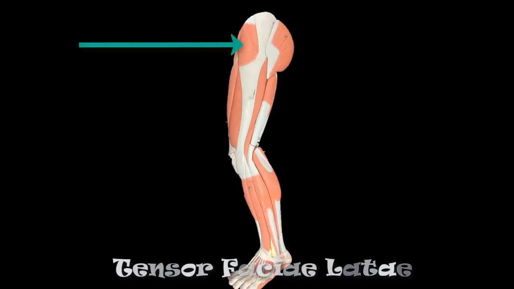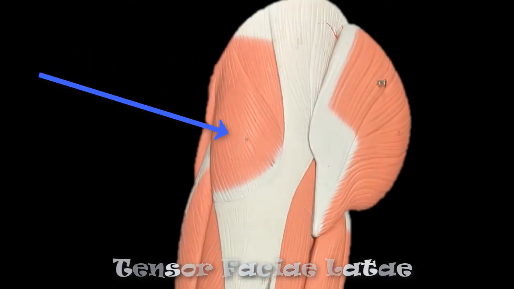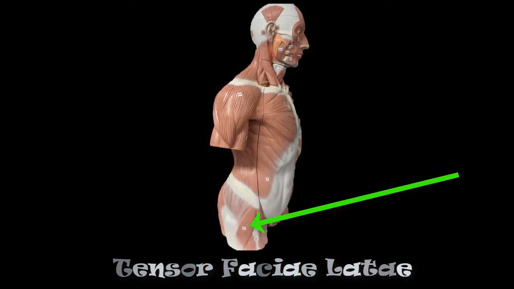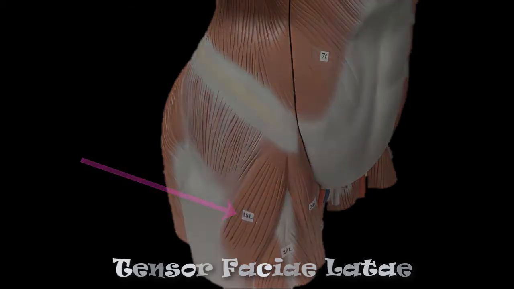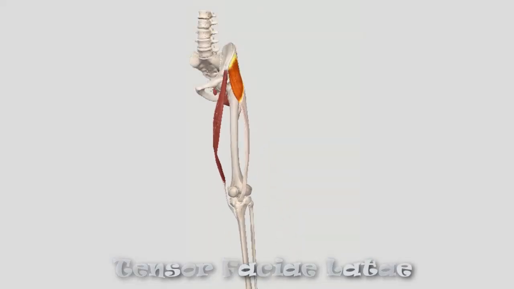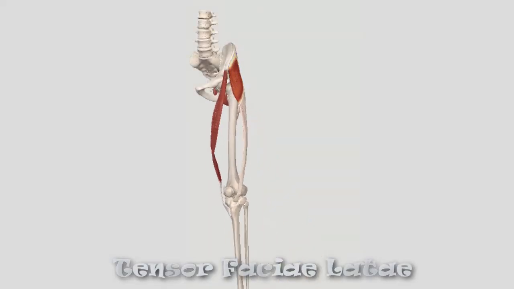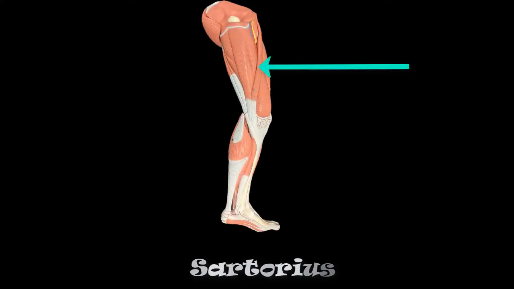Tensor fascia latae. Its action is flexion and abduction of the thigh at the hip joint. The Sartorius.